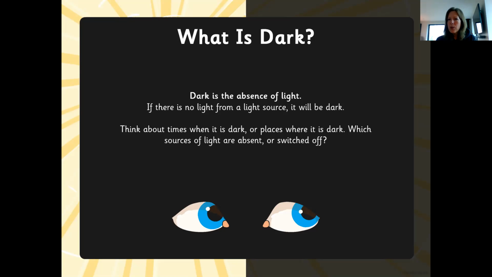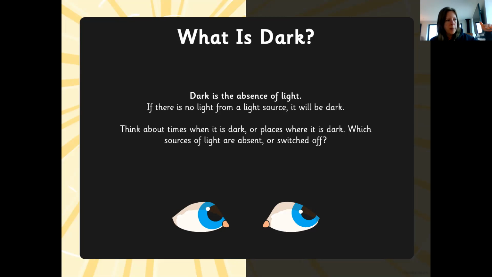Well, it might become dark when you go to bed, especially this time of year. As we get closer to summer, it might not be quite the case, but this time of year, probably when you go to bed now, it is dark. It might not be completely dark though, because even when you switch your light off in your room, which would be a light source, there might be some light coming in from somewhere else.